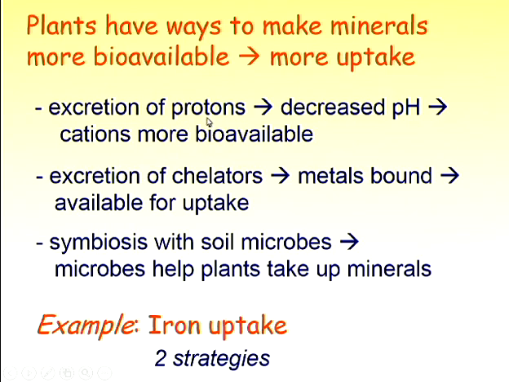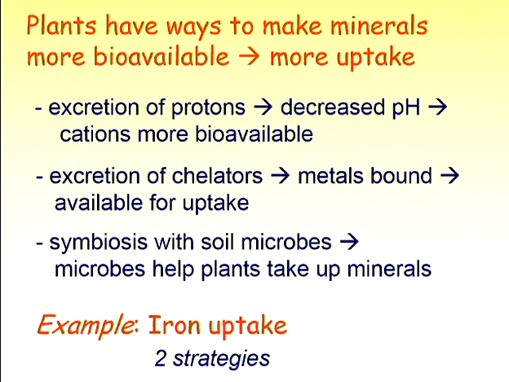So they excrete protons into their rhizosphere, the root zone. That decreases the pH, increases the H+ concentration, and that replaces other cations on cation exchange sites, and that makes those other cations more bioavailable so they can be taken up by the plants by means of those transporters that I just mentioned.